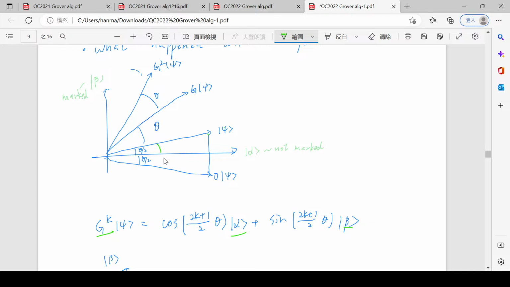Because you start with 1 over 2 theta, and every time you apply G, you get 1 more theta. So it's k theta plus 1 over 2 theta. Okay.